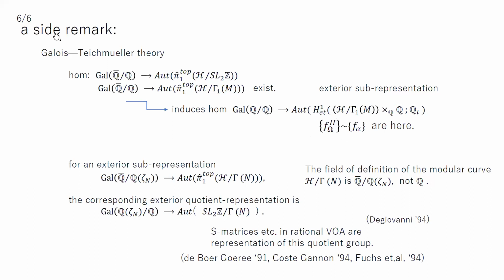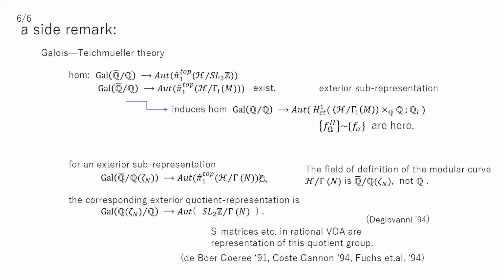In the context of the Galois-Teichmüller theory, the Galois group also acts on those modular curves as well. That action induces the Galois group representation on the entire cohomology of the modular curves. That's a part of the theory of modular parameterizations.